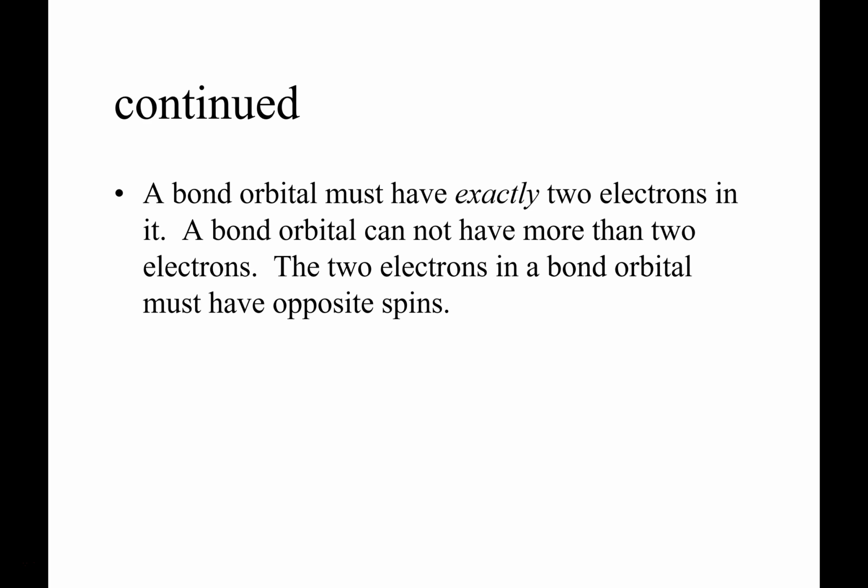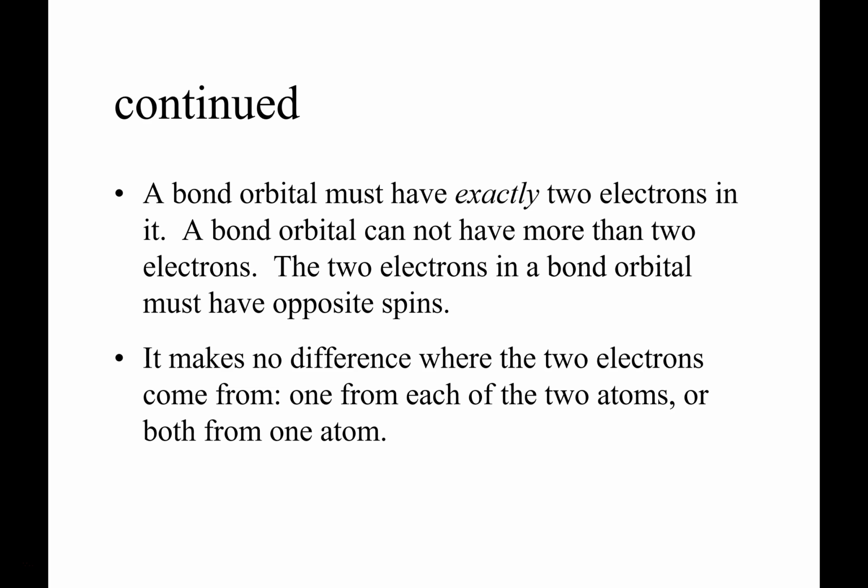But anytime you see this on a Lewis structure, think of it as a covalent bond, meaning 2 electrons are shared to make that happen. So a minute ago, when you saw the nuclei of A and B and the overlap of the 2 atomic orbitals, think of that bond orbital where 2 electrons are right there. And they have to have opposite spins.